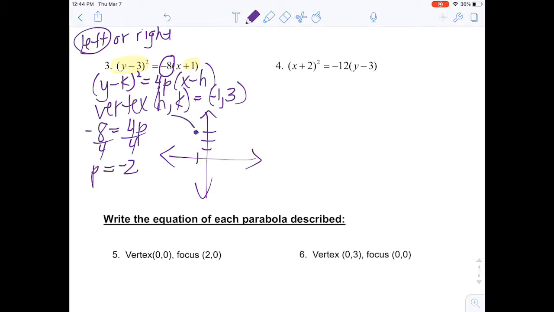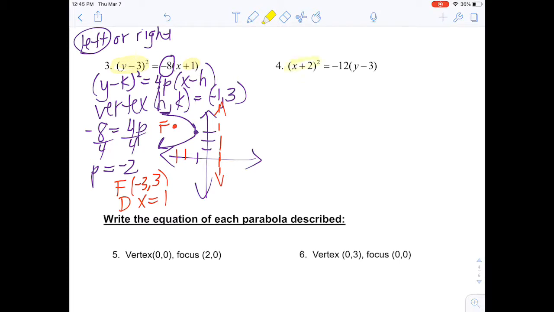And I know it's going left, so I'm just going to draw it in going left. Okay, and now I'm going to put in my focus and my directrix. So the focus is always in between the sides of your parabola. So we just go 2 spaces right there. There's our focus. And then go 2 spaces in the other direction. There's your directrix. All right, so our focus was (-3, 3). Directrix was x equals 1.